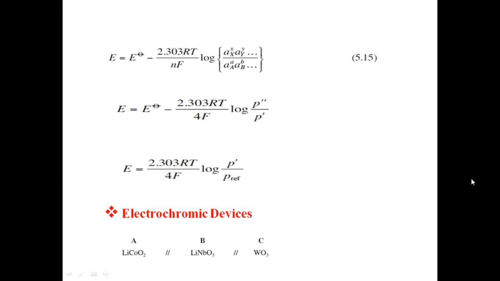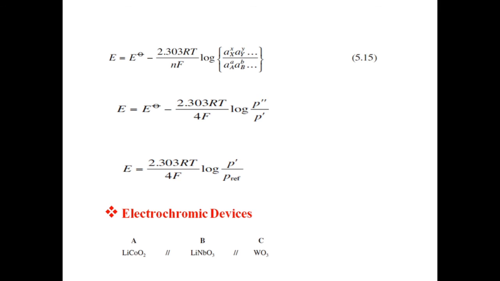An electric current is applied to the following device: anode lithium CoO2, electrolyte solid electrolyte lithium niobium O3, and cathode tungsten WO3. The figure is not shown here.